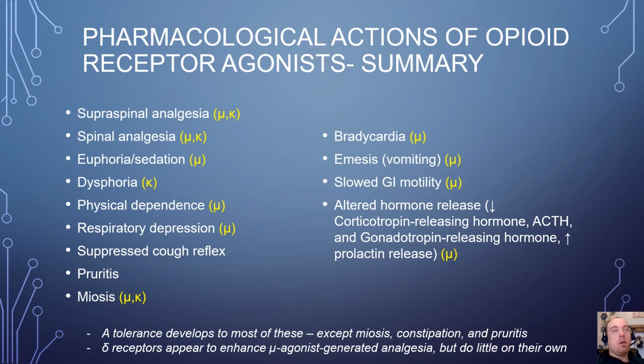And even the effects on the respiratory system, the effects on everything except really constipation and maybe a little bit of the miosis and the itching. Okay, and that's just a reminder that the delta receptors don't appear to do much alone, but they do appear to enhance mu-opioid activity when the mu-opioid receptors are activated.